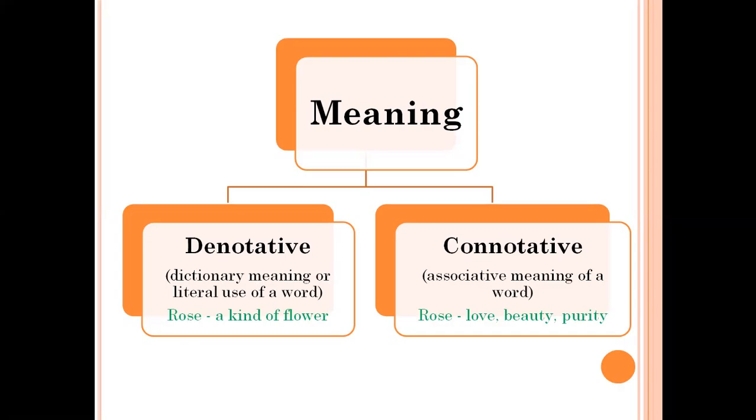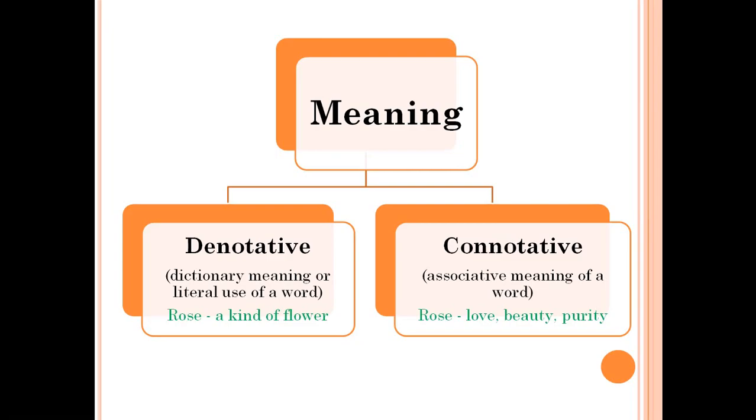Before answering this question, let us look at what is denotative meaning and what is connotative meaning. Denotative meaning refers to dictionary meaning or literal use of a word. The meaning that you will find in a dictionary.